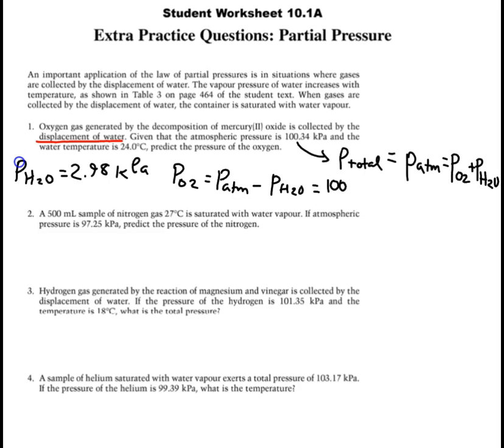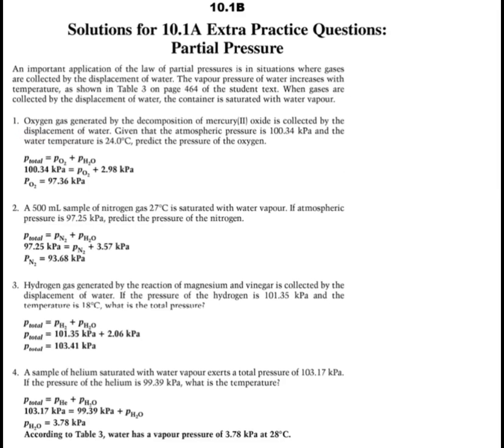So we've got 100.34 subtracting 2.98, and the units for that would be in kilopascals. You can check your answers as you go through the questions in the student worksheet on this solutions page here, and you see that we end up with 97.36.